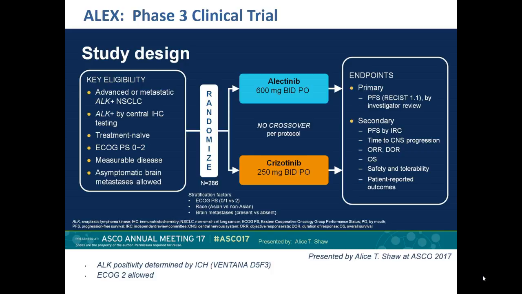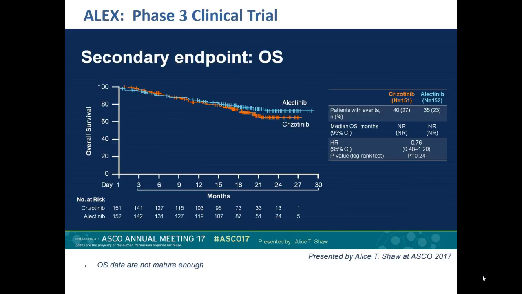And look at that, no crossover per protocol here, because at the time Crizotinib was actually the standard of care. And what we see in this trial, I start from the secondary endpoint intentionally here.